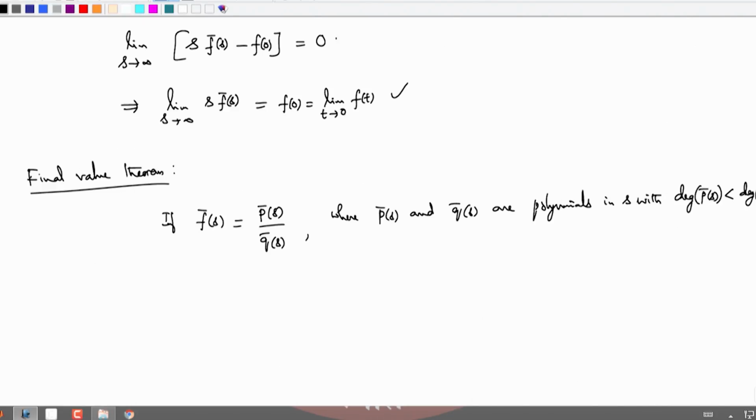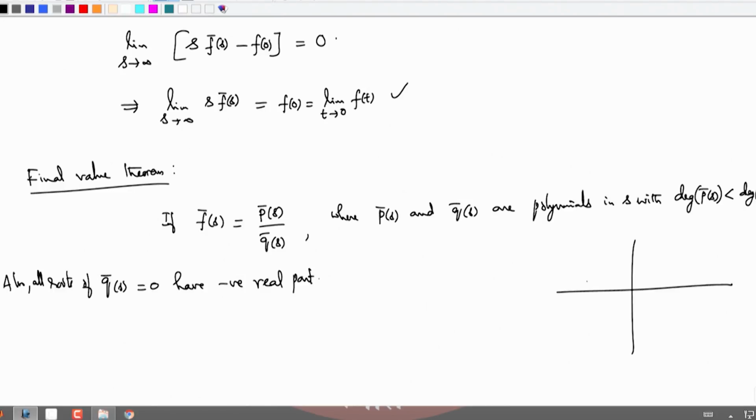So, assume we have such a Laplace transform, and assume also that all roots of Q bar of s have a negative real part. That means you have poles only on the negative side of the s plane.